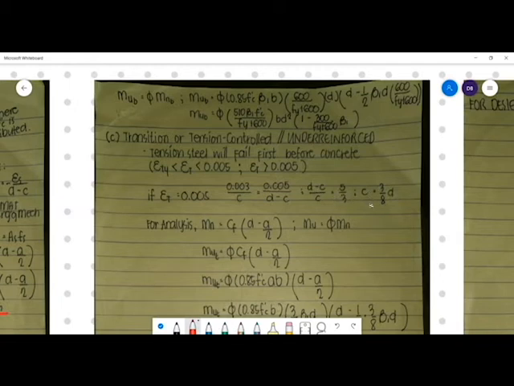We are able to know that c is equal to 3/8 of d. So like what I said before, yung compression fiber c natin is just a fraction of your effective depth.